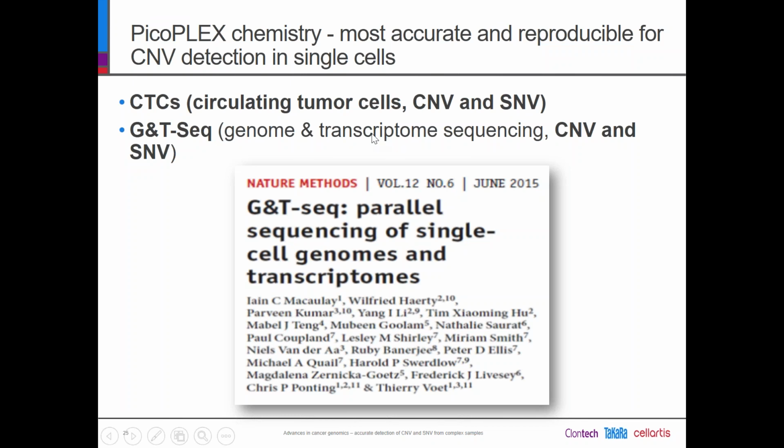What is very important here is looking at both CNV and SNV from these cells, and of course trying to relate the genomic alterations to the transcriptomic alterations from those single cells. In this very seminal paper in Nature Methods, PicoPLEX chemistry was successfully used for this purpose.